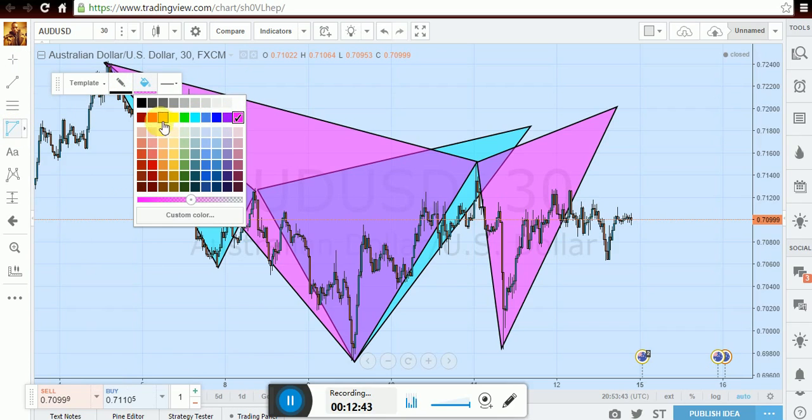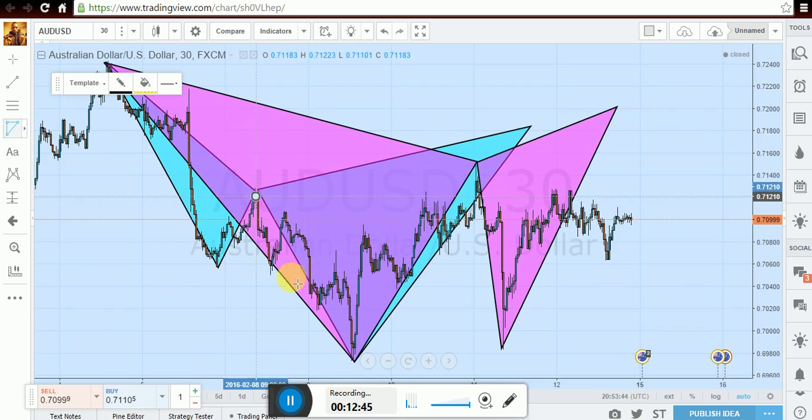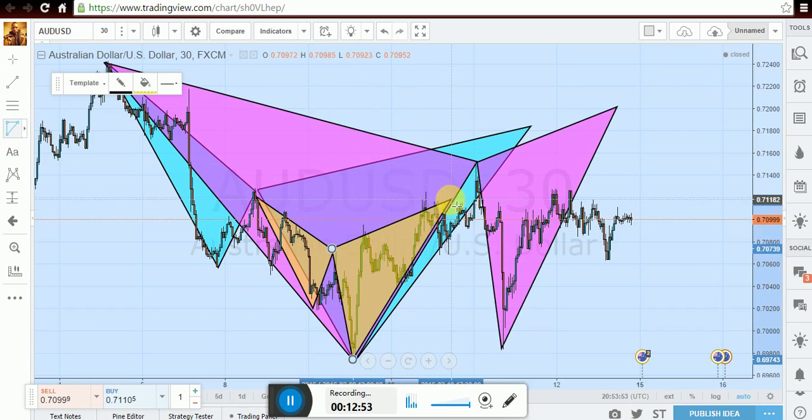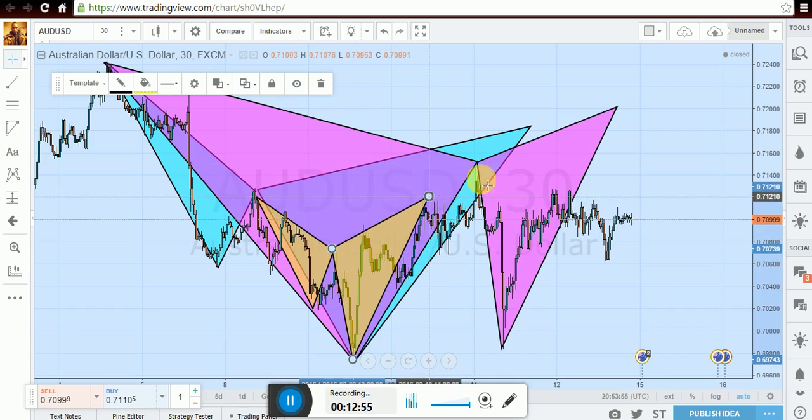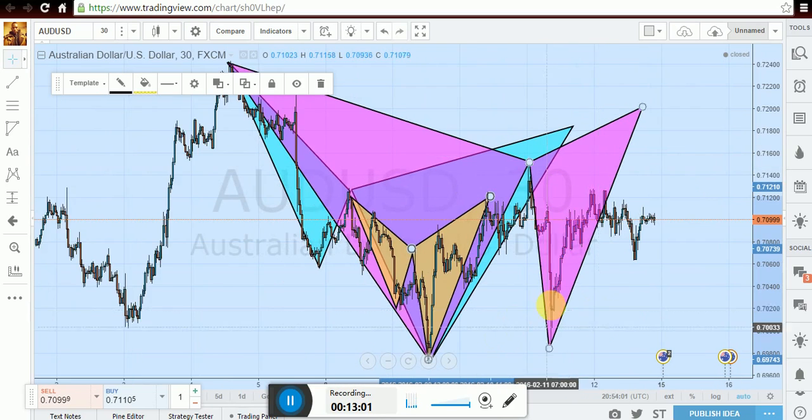Bring up my yellow. I think we did have a cipher there. A little mini cipher. Well, that one might have been a losing cipher trade. We did have a spike quite high. So yeah.